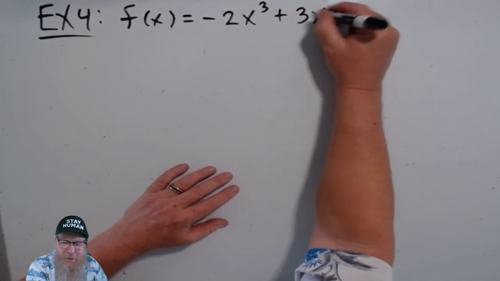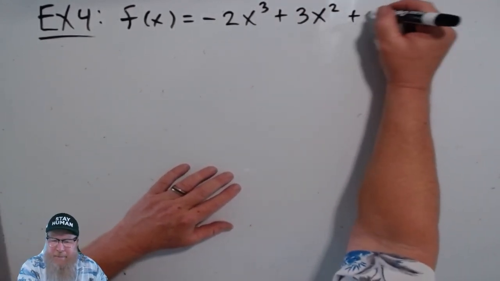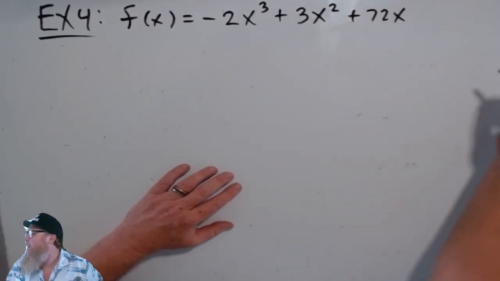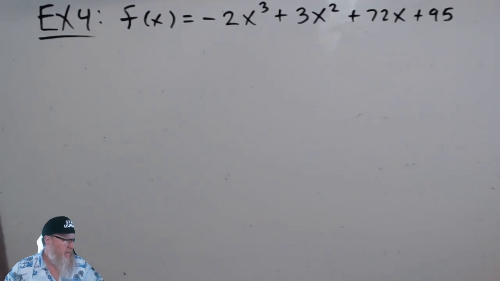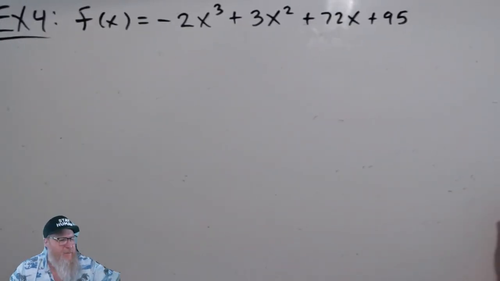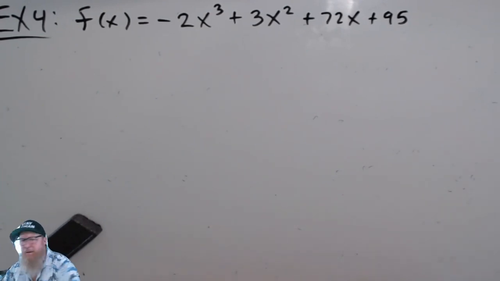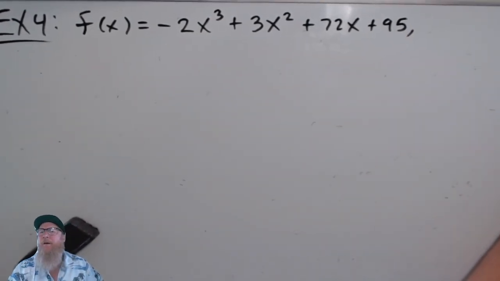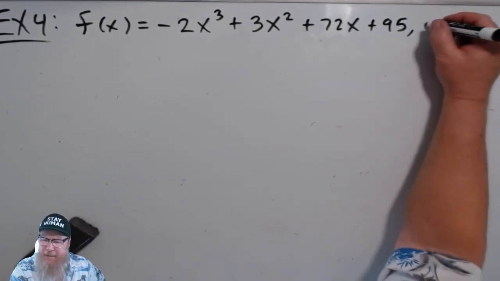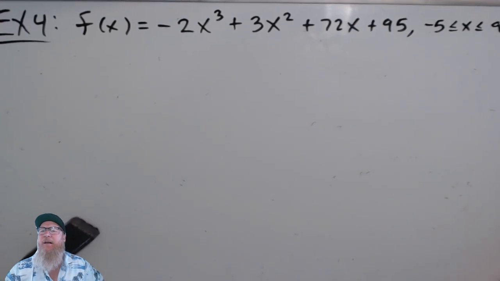So here's another cubic. And we're on a restricted interval. I have room to write the interval negative 5 to 9, positive 9.